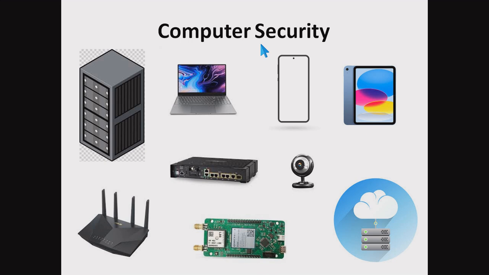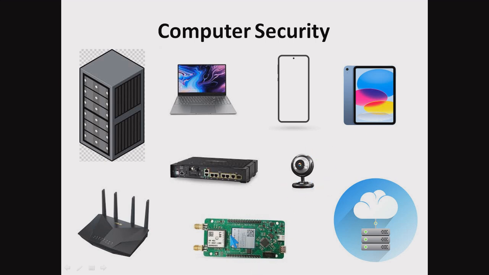For example, the servers that we are looking at here, rack-mounted servers or blade servers, that belong to an organization. Then the laptops and desktops that we are familiar with, smartphones like Android or iPhone, iPads and Android tablets, webcams, and similarly IoT devices which are used frequently.